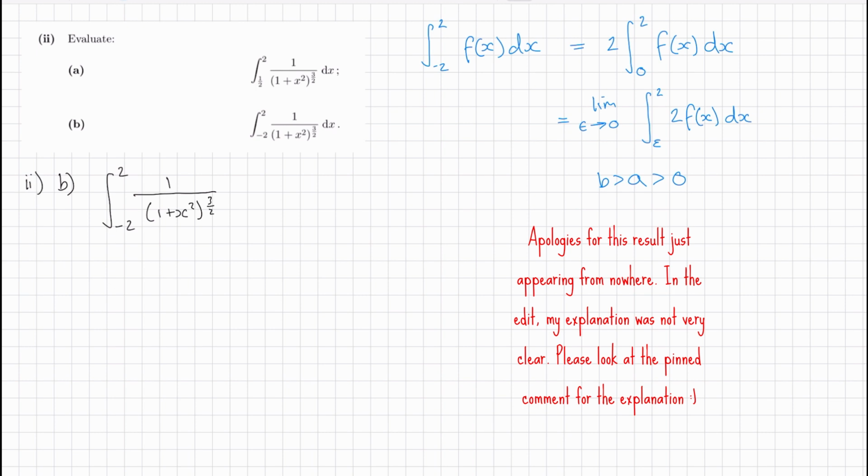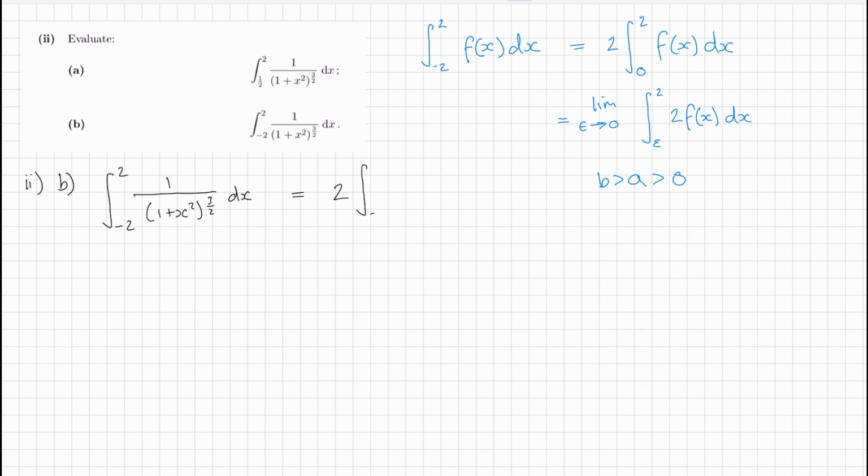And we know from our result over on the right-hand side that this can be written as 2 times the integral, and then, because this is a constant, we can move it outside of the limit.